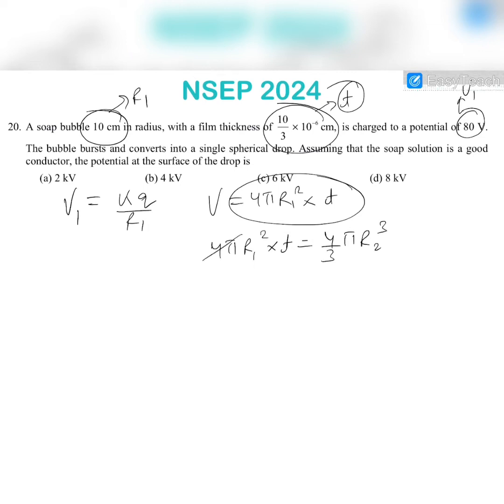So cancelling 4 pi and 4 pi, R2 cube will be equal to 3 R1 square T.